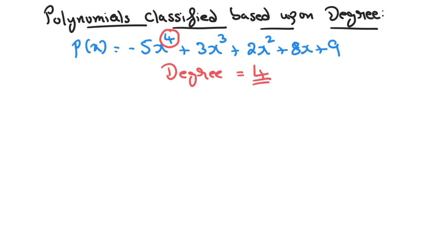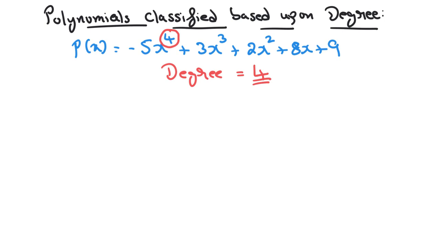You understand what we mean by degree now? The degree of the polynomial is the highest power of the variable. And since we are dealing only with polynomials of a single variable, we don't have to complicate issues. So simple, the degree of the polynomial is the highest power of the variable.